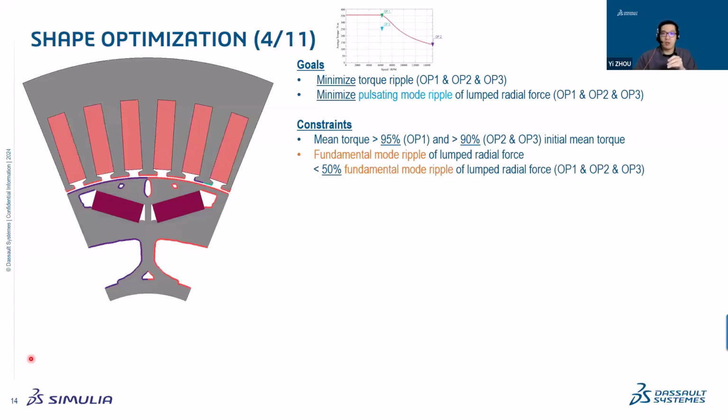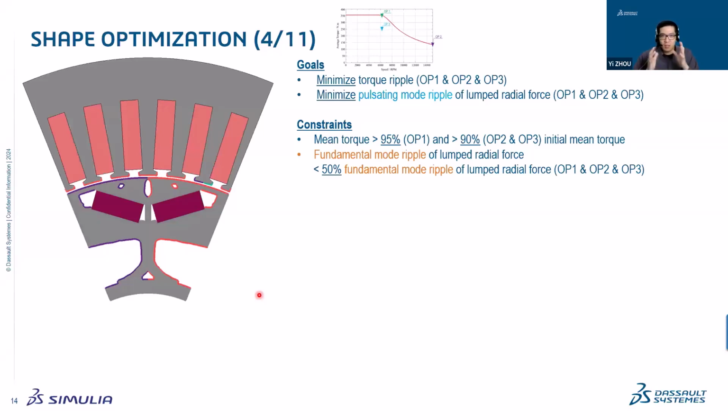For the first operating point, the one with maximum torque, we say maximum reduction 5%. But for the other two, we can give a better condition, like 10% reduction is allowed. And for the fundamental mode ripple, we want to achieve 50% reduction in all operating points.